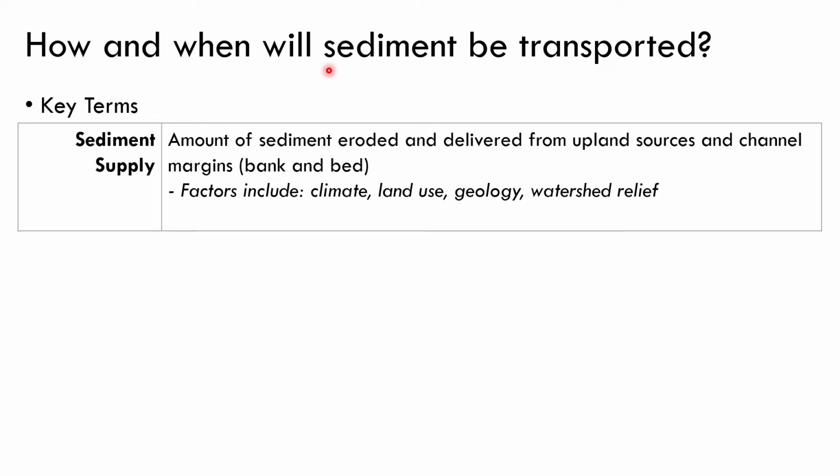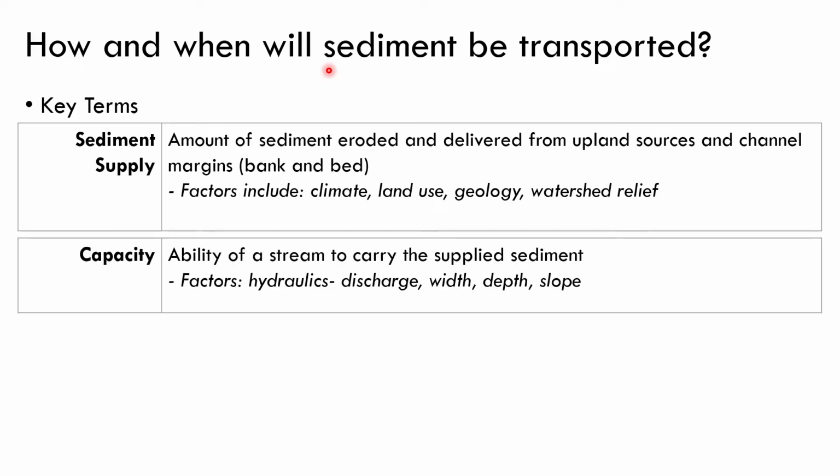The type and amount of sediment that we can get in a river is related to the climate of an area, land use in the watershed, the underlying geology, and what we call the watershed relief, so how much elevation difference we have in the watershed. All of those things contribute to the type and amount of sediment supply that we can find in any given stream. And it's going to be different for just about every watershed on the planet.